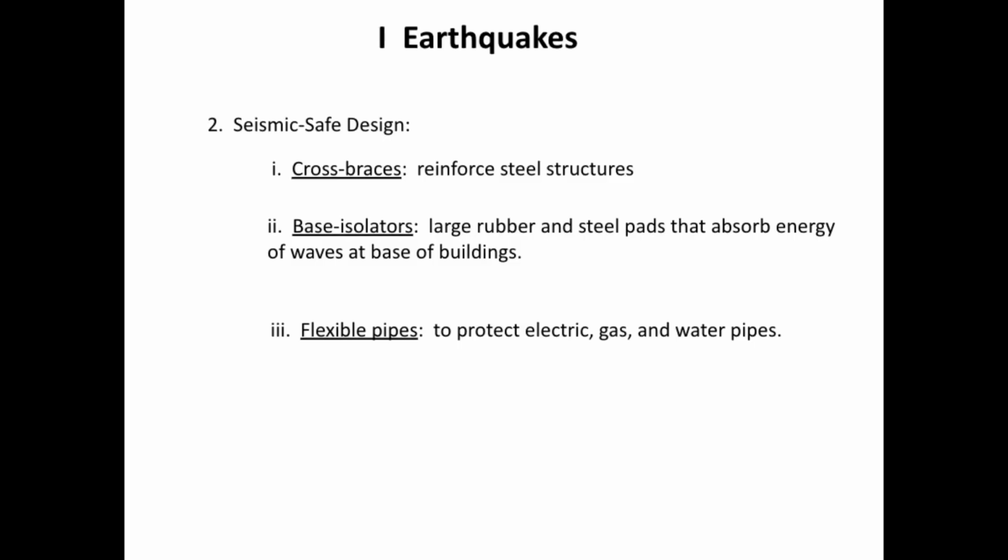And the very last one are flexible pipes underground. The second most dangerous thing in an earthquake is actually fire, produced by underground gas lines being broken. If you imagine the gas line into your house during an earthquake, that gas line may break altogether or crack, fracture, something could happen to that gas line, and then your house is filling with natural gas.